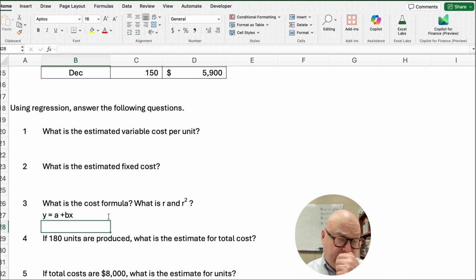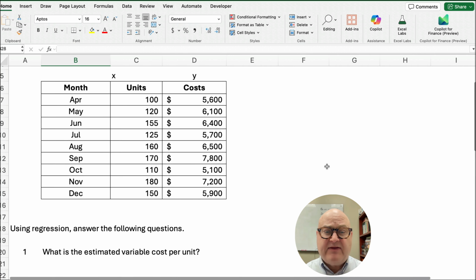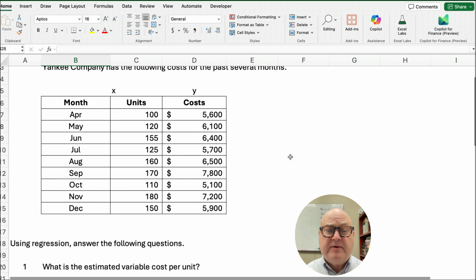That's the formula that we use. Sometimes you see it Y equals MX plus B, but in this case, Y would be the total cost, A would be the total fixed cost, B would be the variable cost per unit, and X would be the number of units.